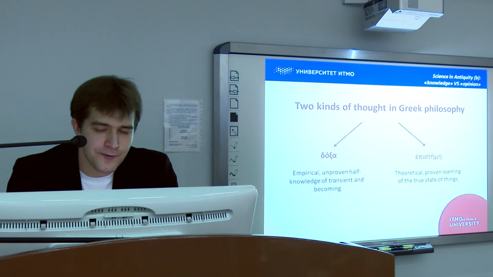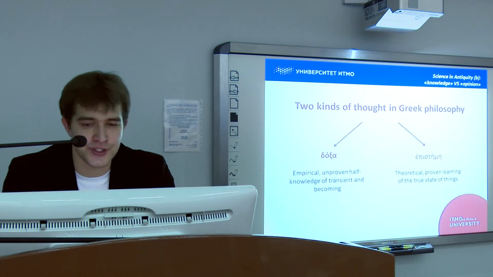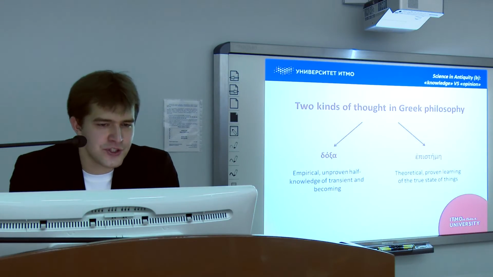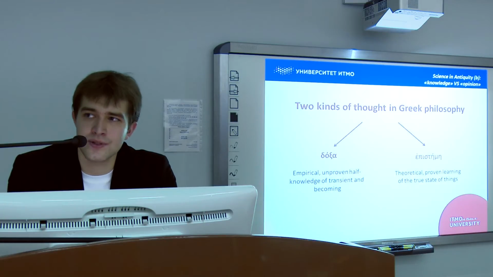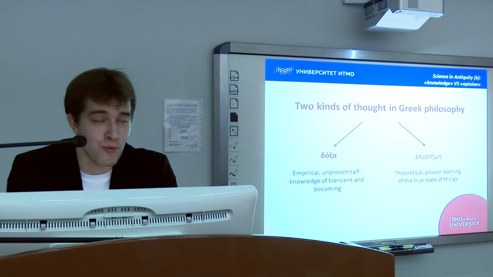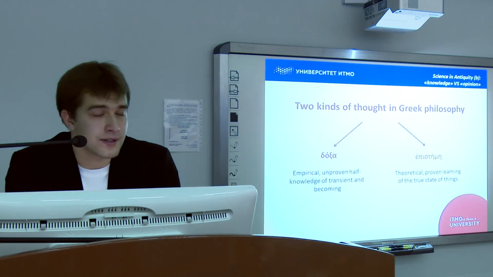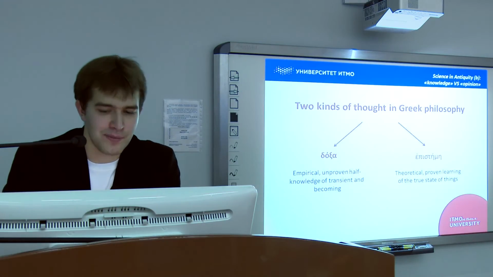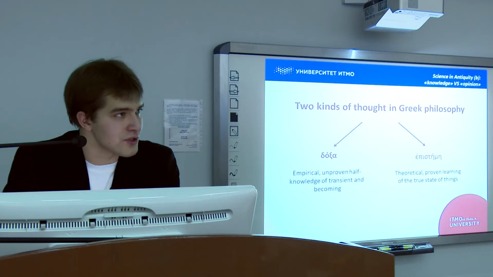So in the Greek philosophy and the Greek intellectual tradition, even the intellectual tradition of the whole Antiquity, we deal with two kinds of thought. So something private, and let me say it in terms of our modern vocabulary, something subjective, and something objective or something public, which is episteme, not doxa.